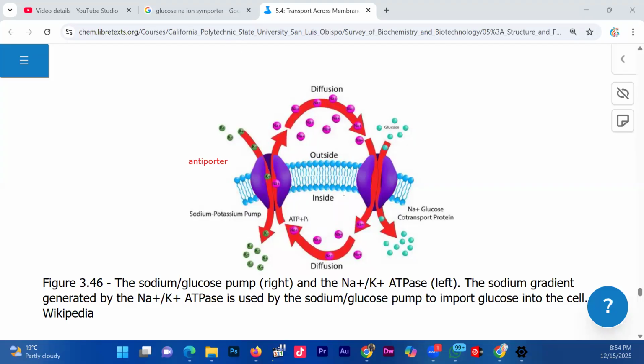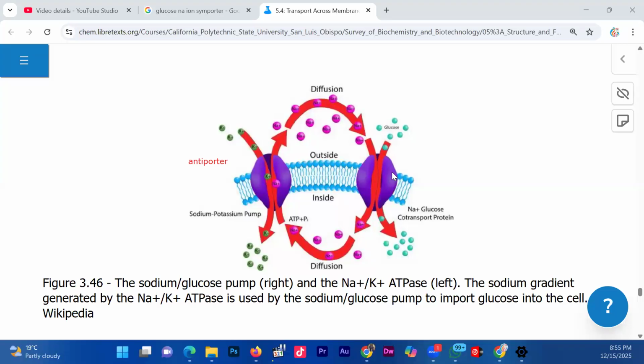Okay. So this first one is an antiporter. On the second one, we can see glucose molecules, these ones which are light blue, and these which are pink are sodium ions.